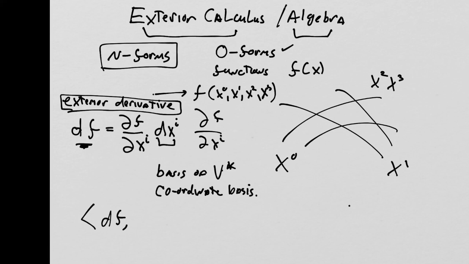It's still a map. This is a covector, right? So it's still a map. In fact, it is a 0-1 tensor.